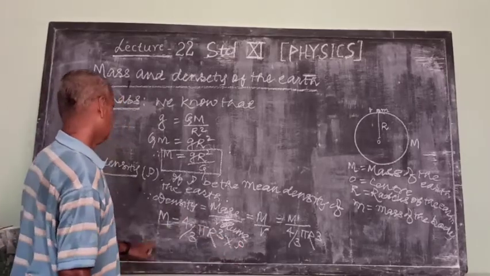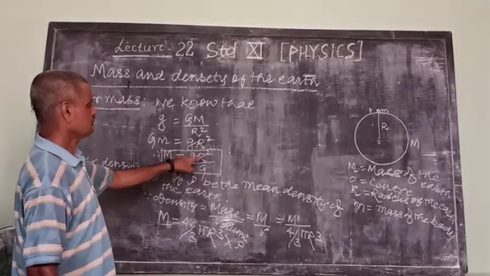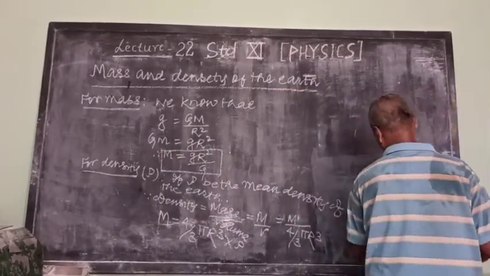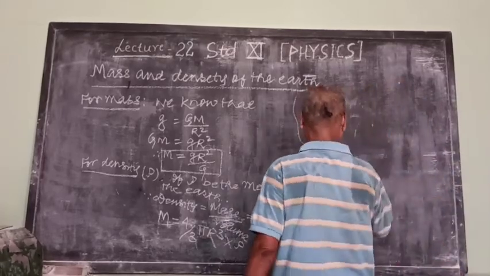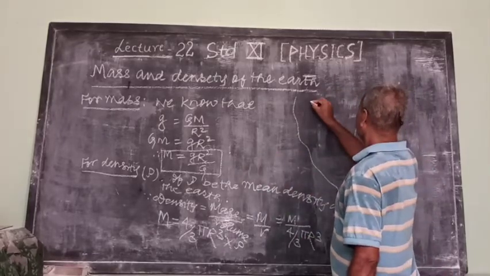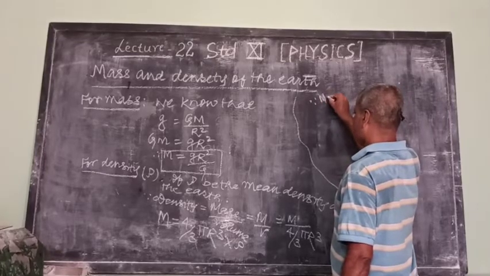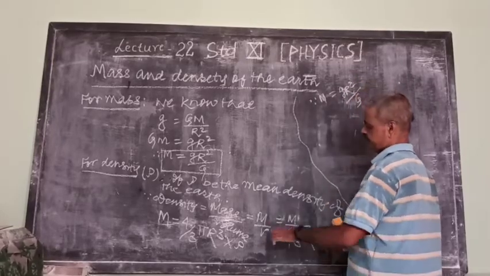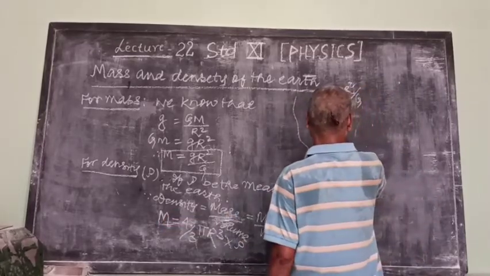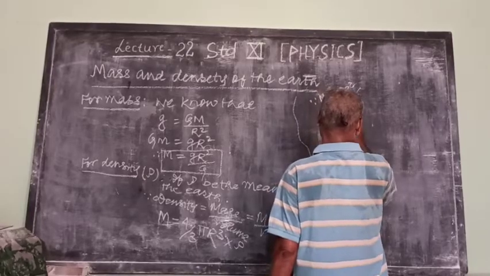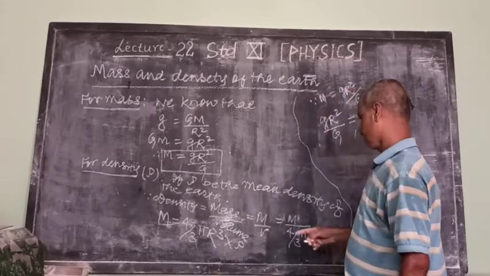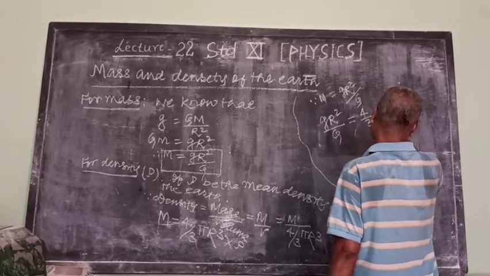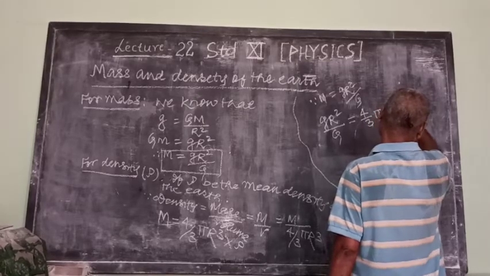The value of mass we have just calculated is gR square by G. Since M is equal to gR square by G, this M can be written as gR square by G, and this is equal to 4 by 3 pi r cube into rho.